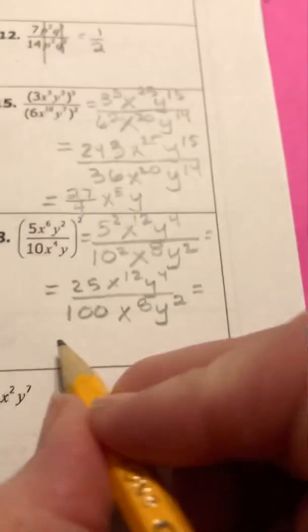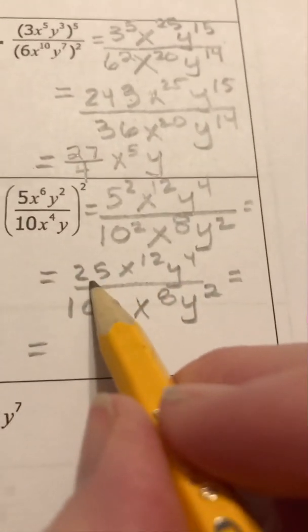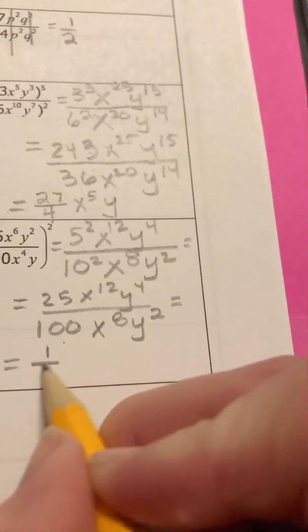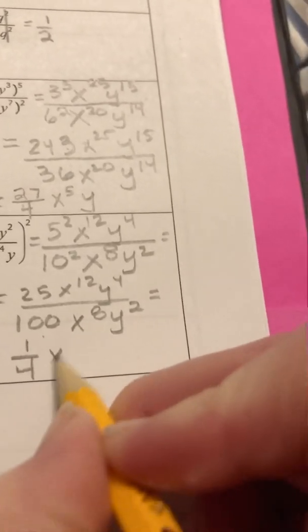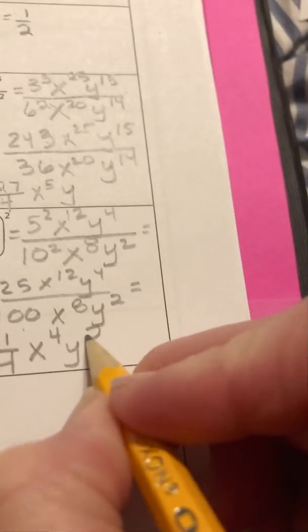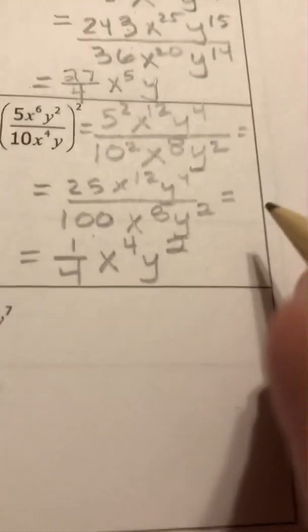And if I simplify all of this, I know that 25 out of 100 is literally 1/4. And I'm going to subtract the leftover exponents. There you go. We are almost done.